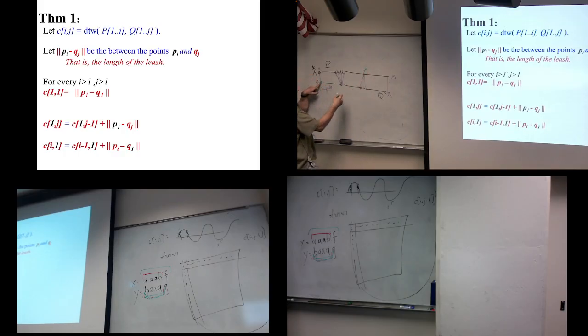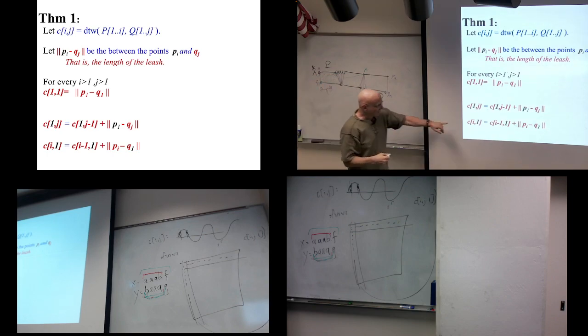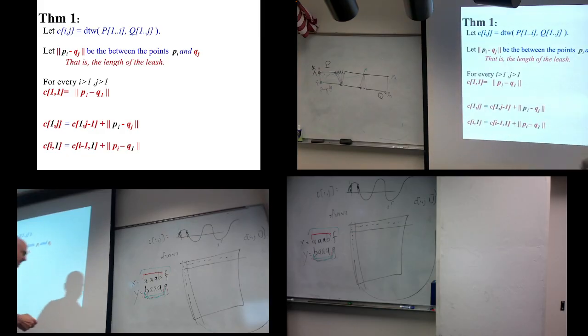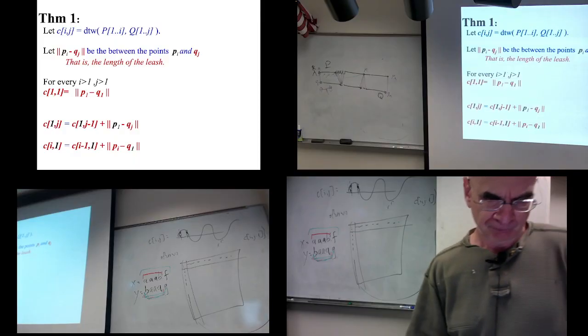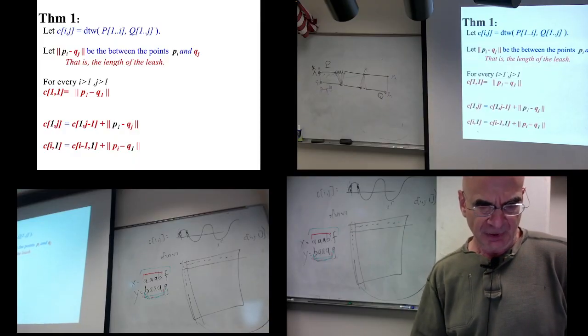What is the sum of the lengths of the leashes that I have to pay? I have to pay this leash plus everything that I paid earlier, which is by now summarized by this term, the sum of the lengths of the leashes earlier, the C of i minus 1,1.